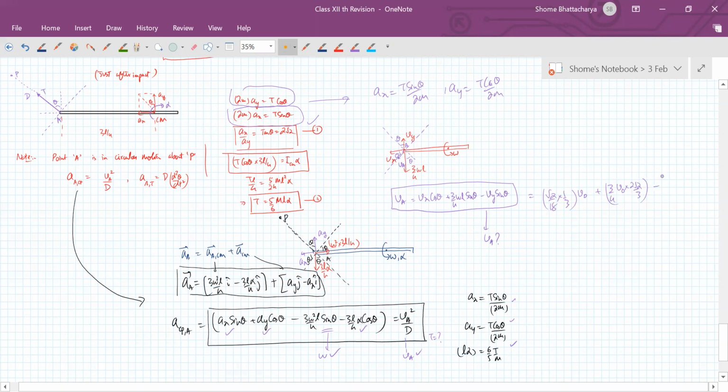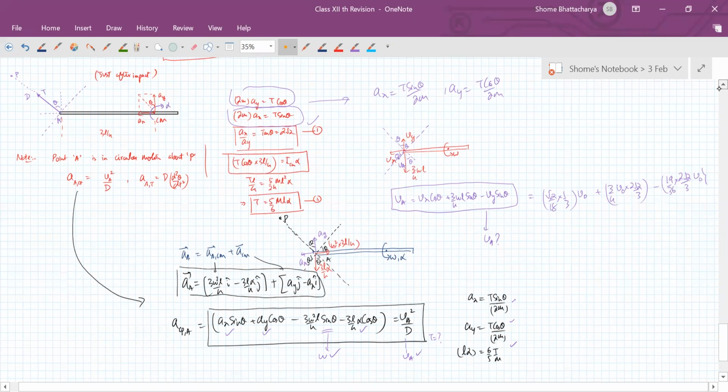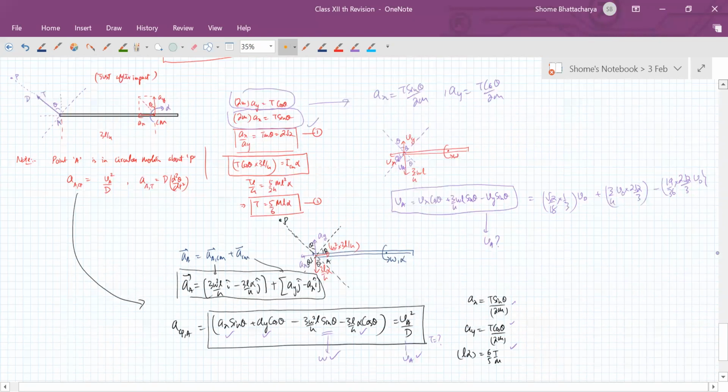Okay, minus this was how much now? 19 by 36 into 2 root 2 by 3 V naught, is it? Yeah.